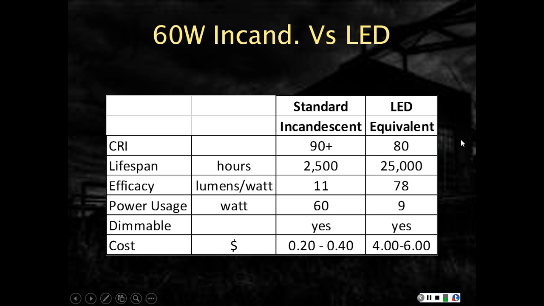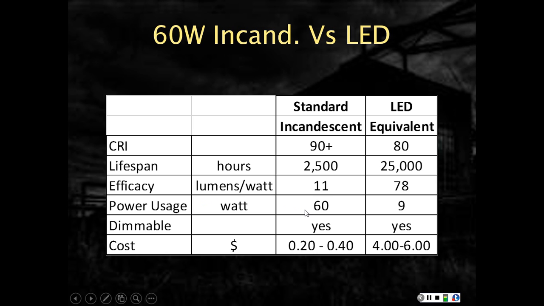The LED is up to 25,000 hours on this standard replacement. On the efficacy, or lumens per watt, standard incandescent has really low efficacy, only 11 lumens per watt. The LED equivalent is 78. So a huge factor on efficiency.